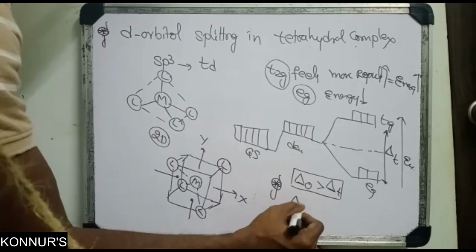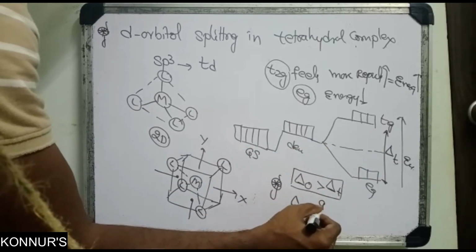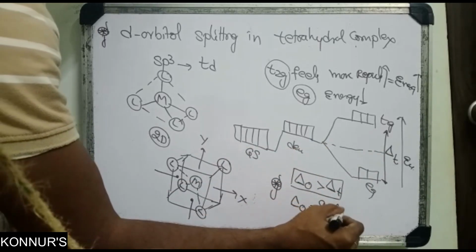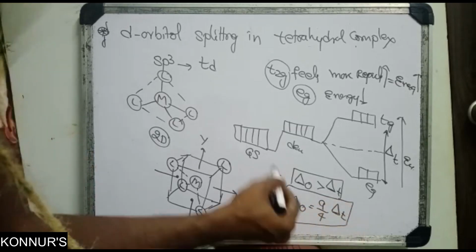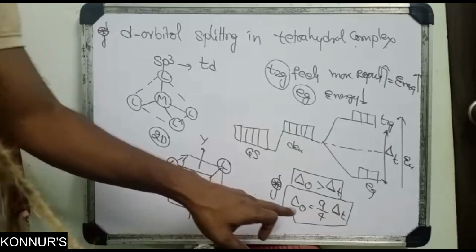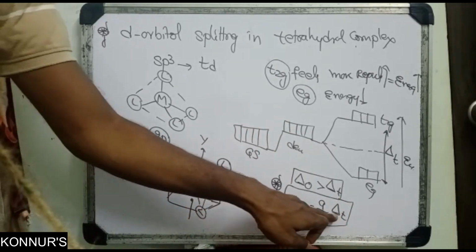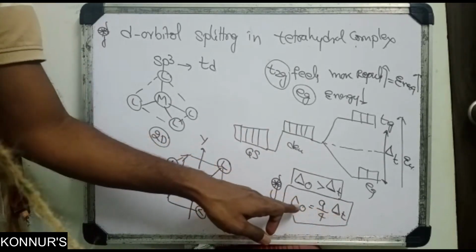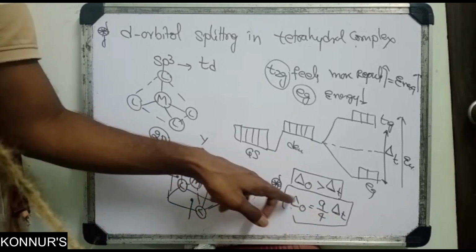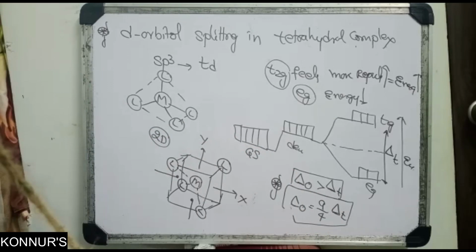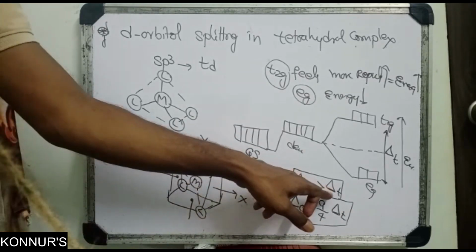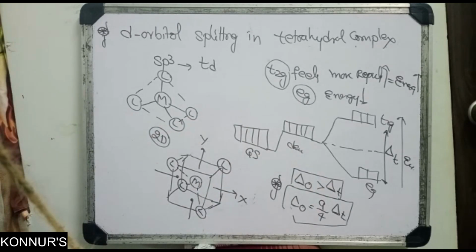Delta O equals 9 by 4 of delta T. That is one formula. Say they will provide the delta O value and ask about delta T. You find out delta O, and multiply by 4 by 9. So you will get the delta T value. But anyhow, delta O octahedral is greater than delta T.